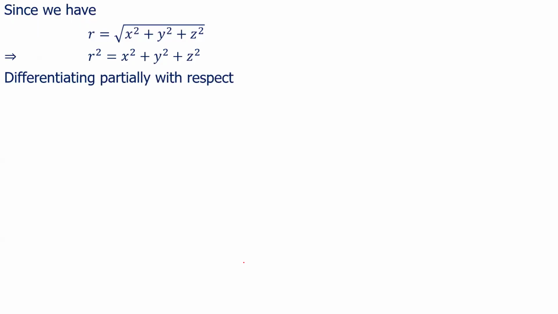Now we want to find out the value of del r del x. Since we have r is equal to root over x square plus y square plus z square, which implies r square equal to x square plus y square plus z square, differentiating partially with respect to x, we have derivative of r square is 2r, and again derivative of r is del r del x, which is equal to 2x.